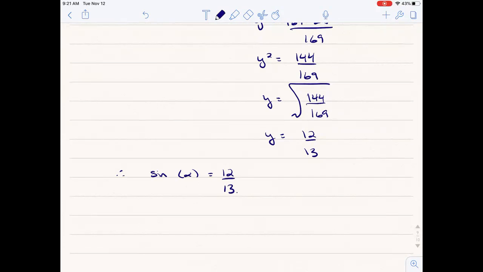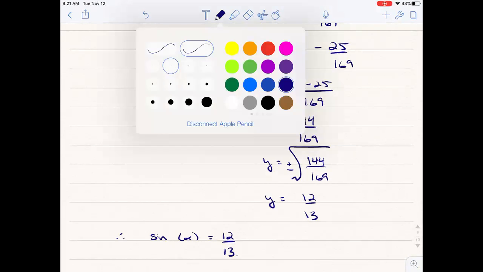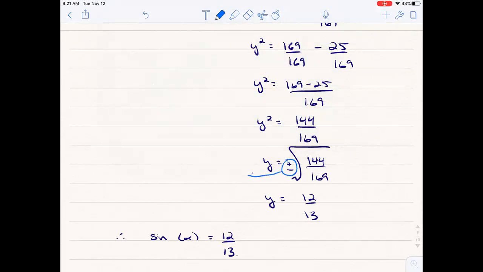I guess technically it's plus or minus, but it must be plus in Q1.